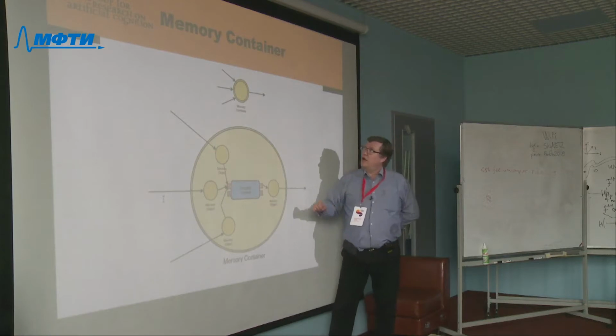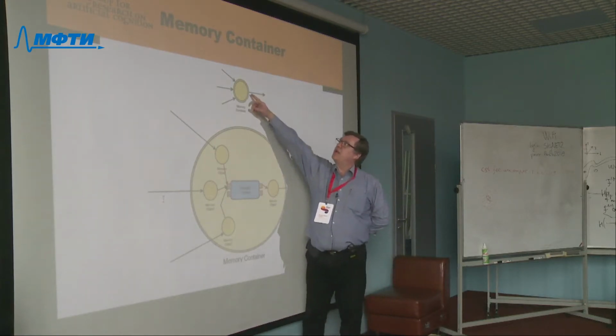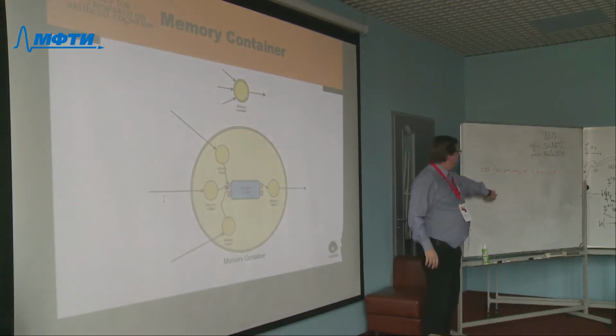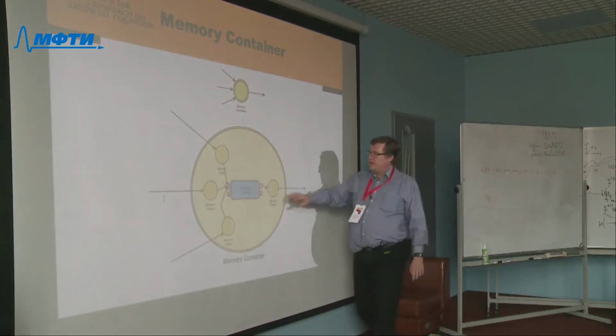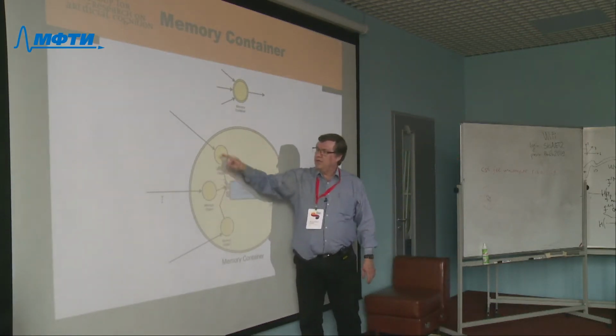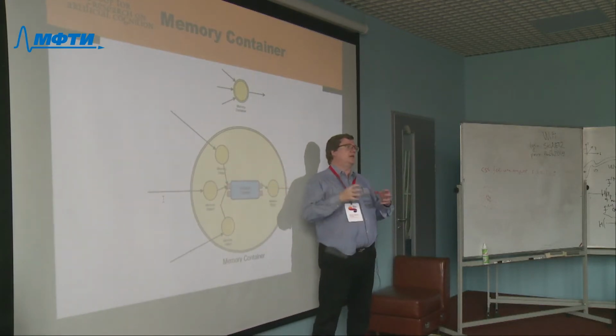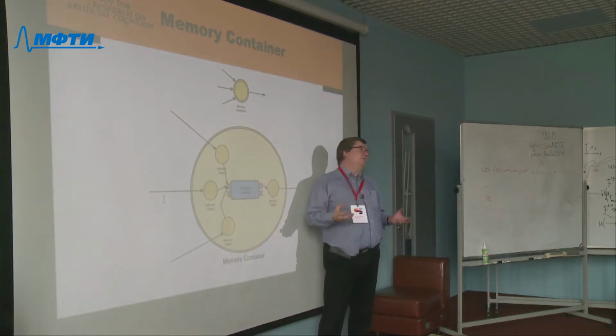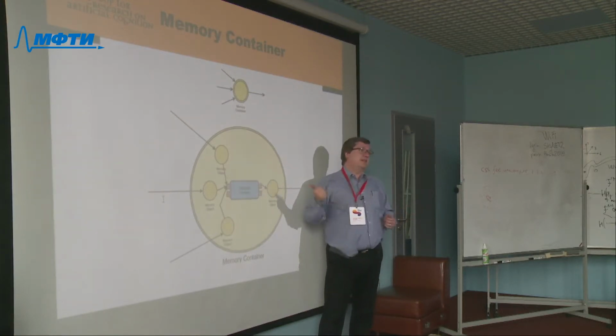And then when you ask for the content of what is inside the memory, it is going to return the memory object that is the winner of this competition. Okay? So this is the magical trick that is done by the container. Okay?